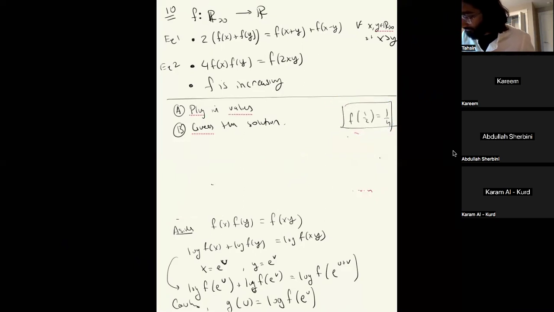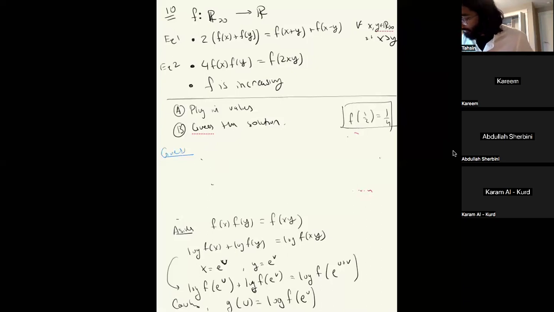From all of this, we get something like log of f of e to the u. We are guessing it is something like a constant times u. So maybe this is a guess. But okay, maybe we should be careful. It's not exactly that. It's a little bit different for us.